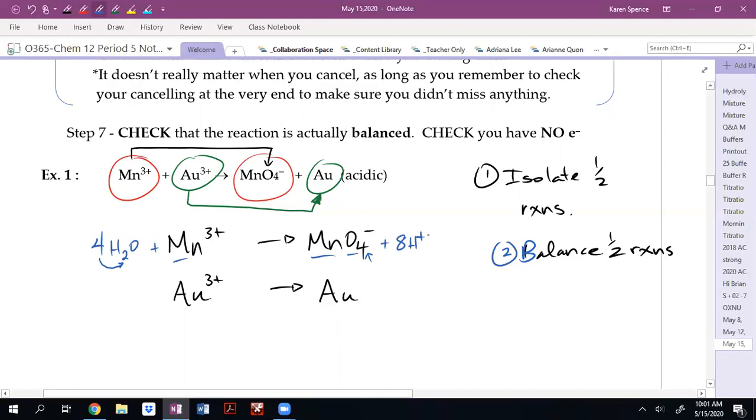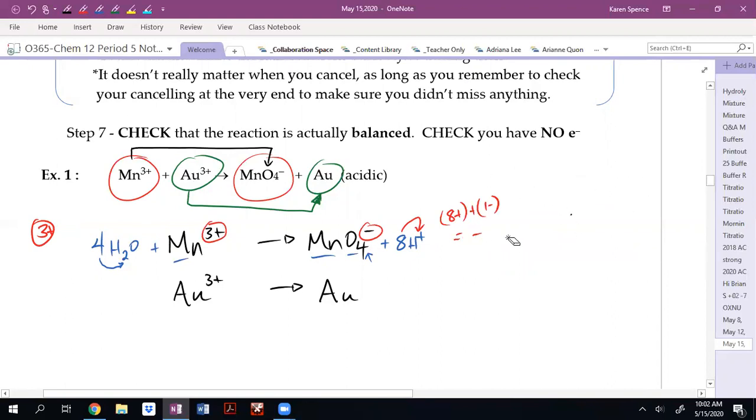And then remember to calculate out your charge on each side. On the left-hand side, we have a 3+ charge. On the right-hand side, we have 8 positive and 1 negative. So 8 positive plus 1 negative is 7 positive. So my right-hand side contains more positive charge. I really did not leave enough room here.